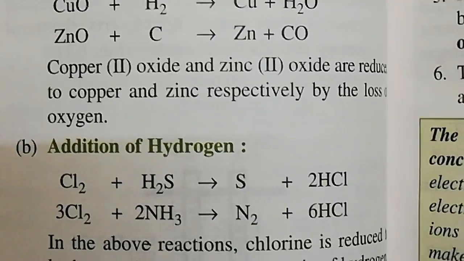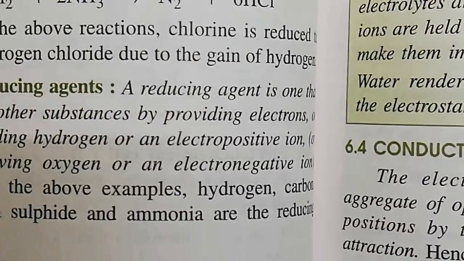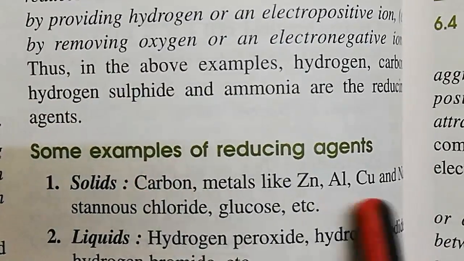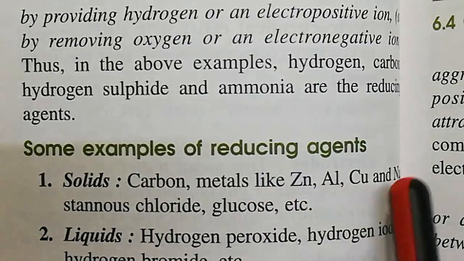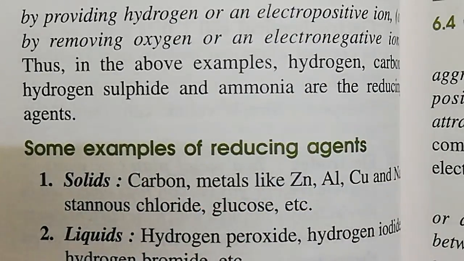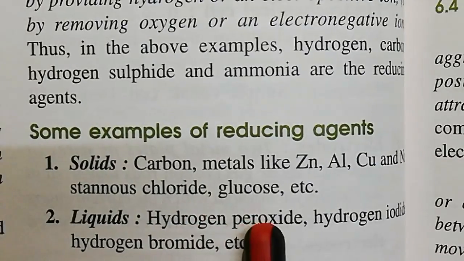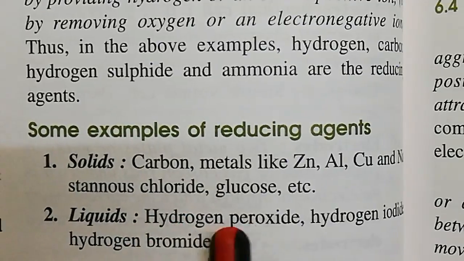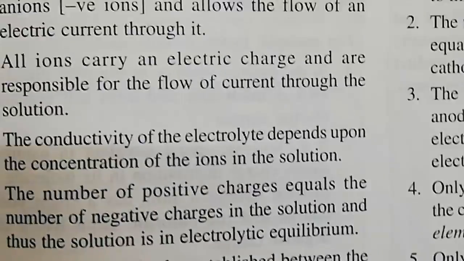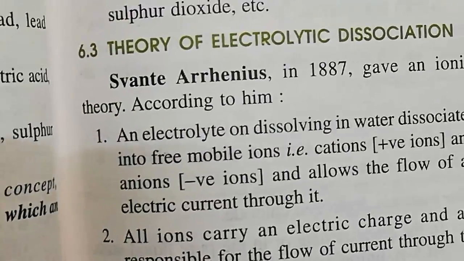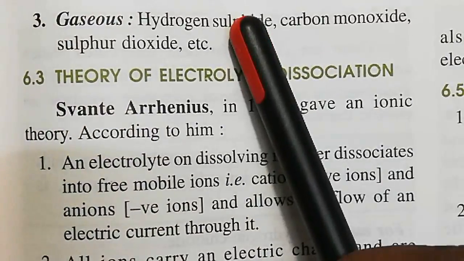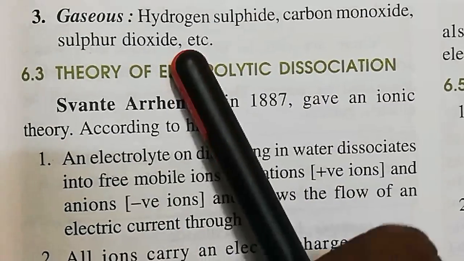And reducing agents, here at the bottom, there are some examples. Solid reducing agents: carbon, metals like zinc, aluminium, copper, SnCl2. Hydrogen peroxide, hydrogen iodide, hydrogen bromide, these are the liquid reducing agents. And the gaseous reducing agents are there at page number 105 at the top: hydrogen sulfide H2S, carbon monoxide, sulfur dioxide.